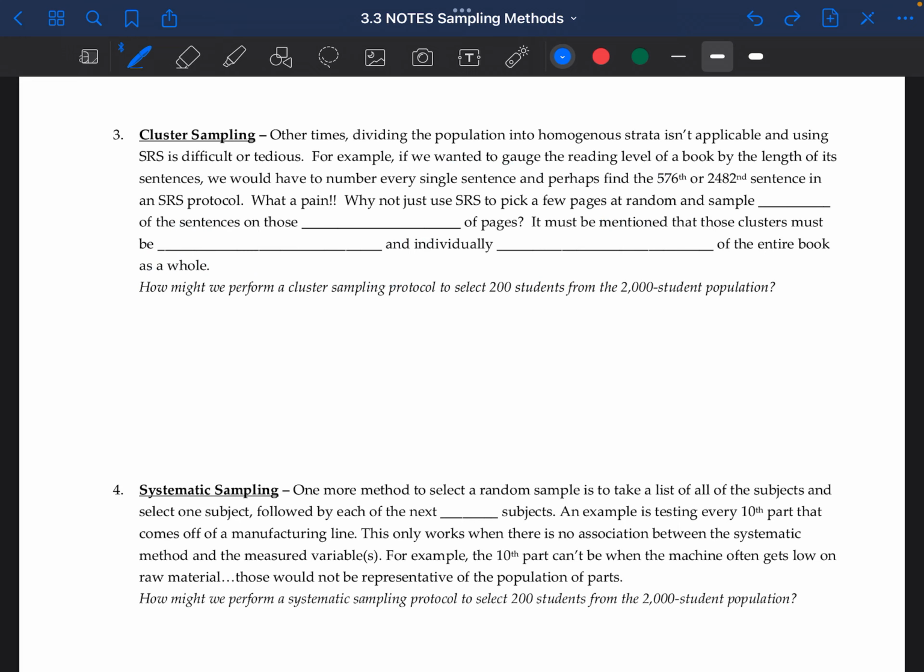Like this example, what if you were trying to determine the grade level for a particular book that you've never read before? Well, you could use an SRS and come up with a random number table, and it tells you, great, go to page 576 or 2,482. How long is this book? I don't know. That's scary. It just wouldn't be advantageous to jump around like that.